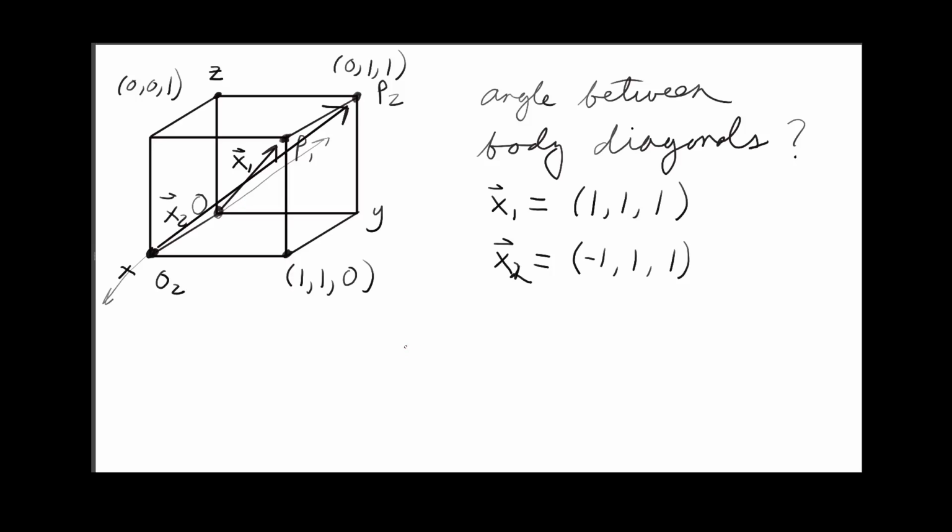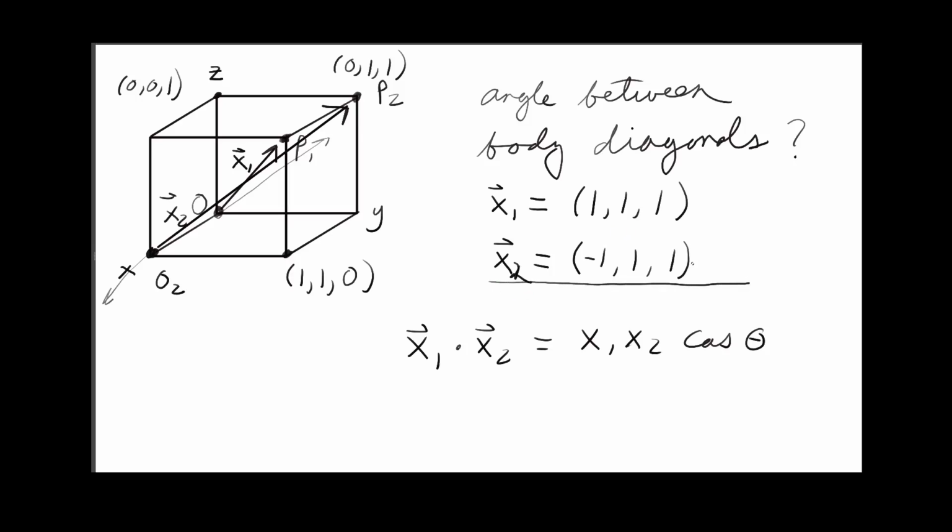If you take the dot product, then that's going to be the magnitude of x1 times the magnitude of x2 times the cosine of the angle between them. Now we don't know the angle. We could easily compute the magnitudes, and the dot product is quite simple. So we're going to do the dot product in shorthand.